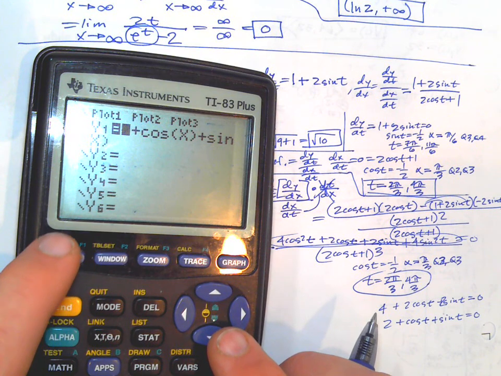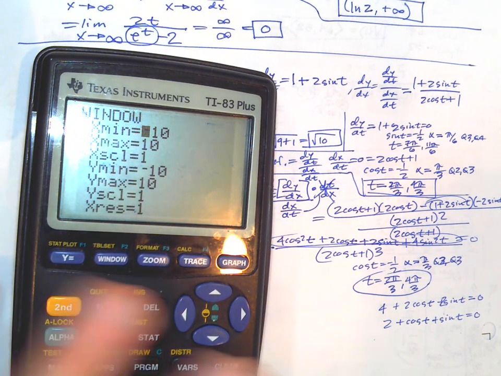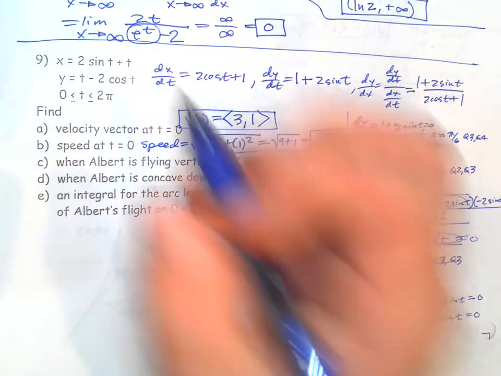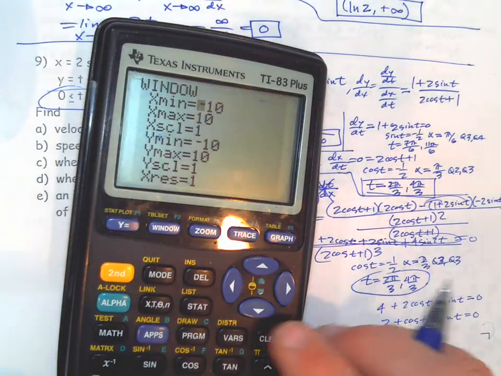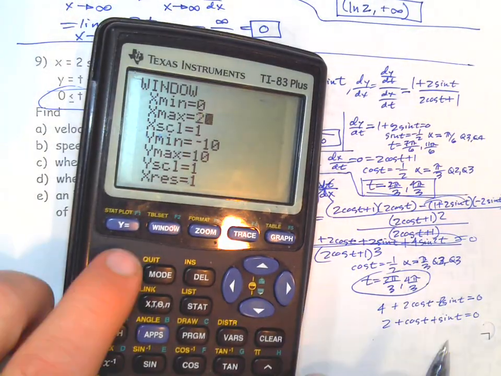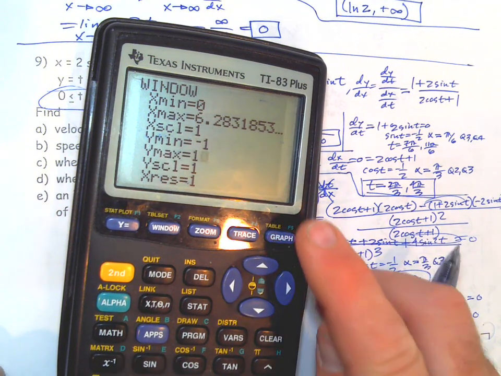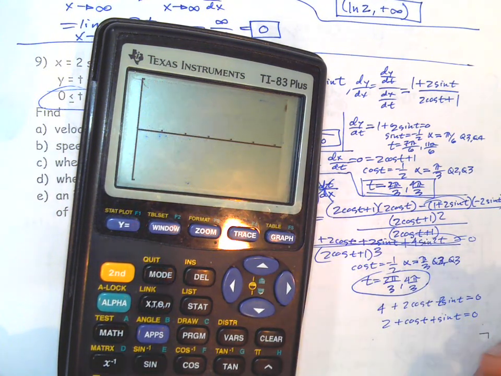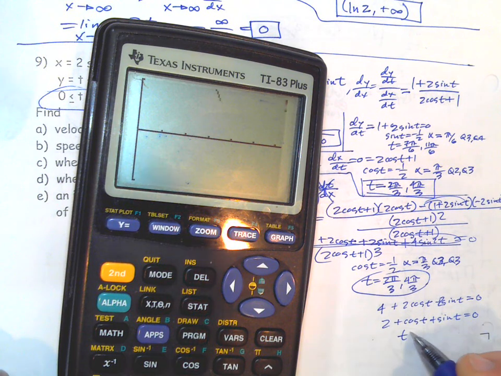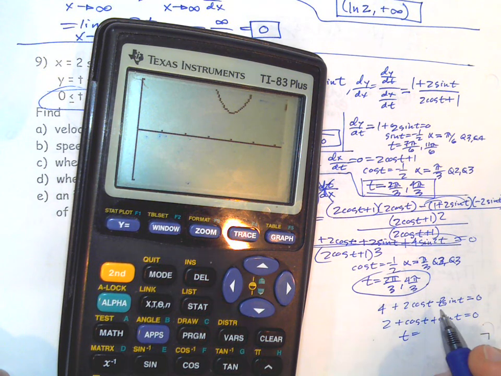Okay, so then I'm going to go to window, and I guess up here they did tell us this time 0 to 2 pi, so I'm going to say 0 to 2 pi. I really just want to see the x-intercepts of this graph, see if it has any. Not quite.